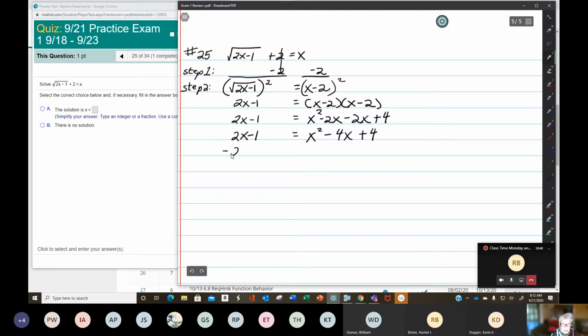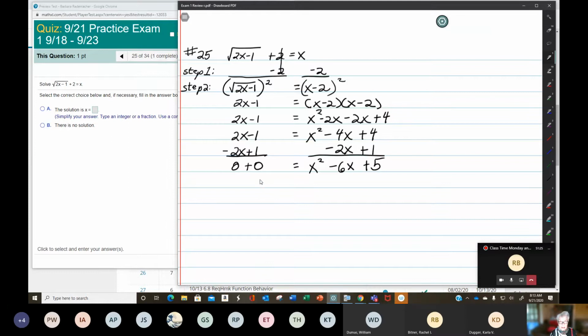So I will subtract the 2x from both sides. And I will add 1 to both sides. And the whole reason I do that is that 2x minus 2x is 0. And negative 1 plus 1 is 0. So I get 0 plus 0 over here equals x squared minus 6x plus 5.